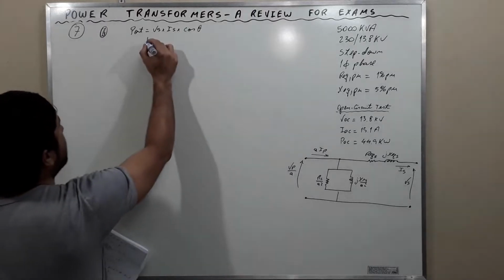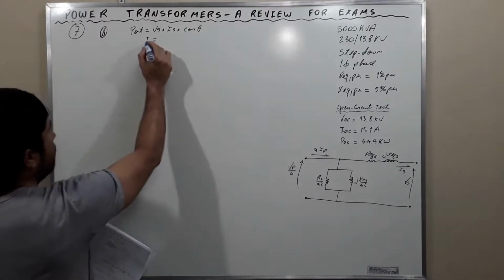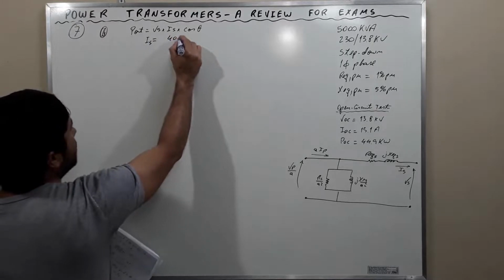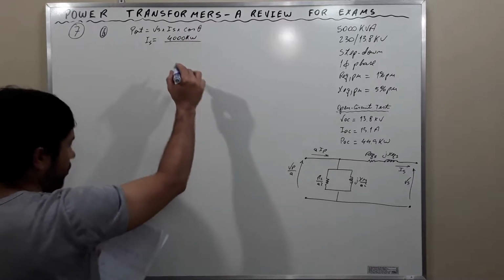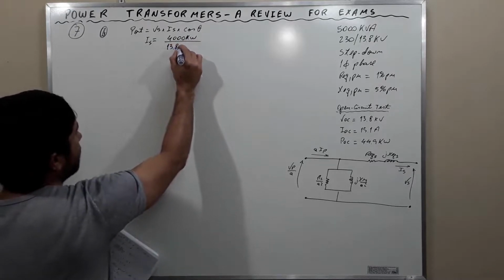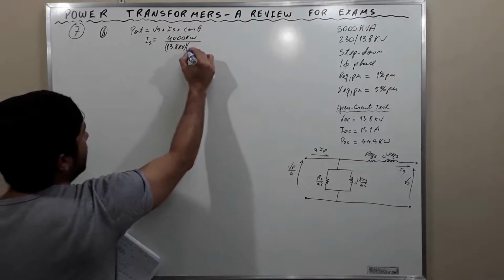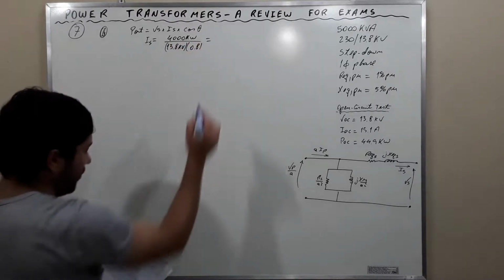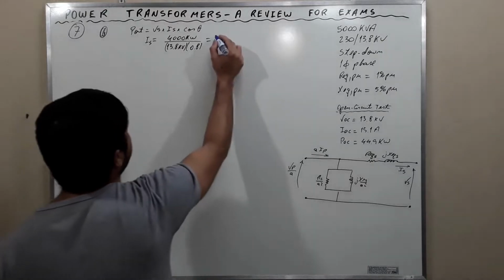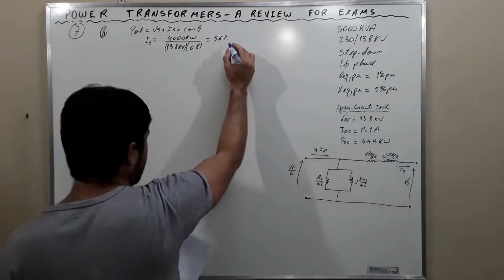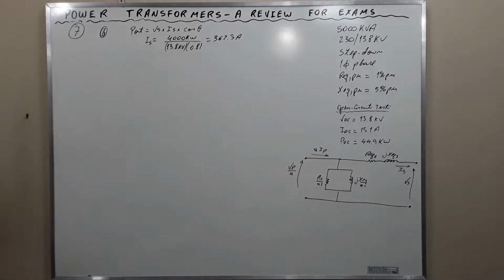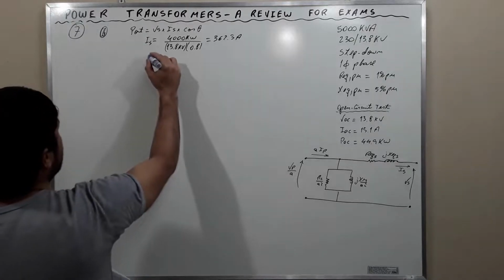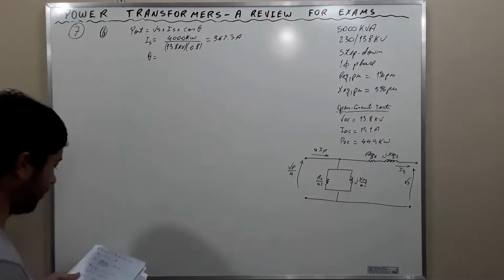Then to find the current, we simply use the values: 4000 kilowatts divided by the voltage 13.8 kV times the power factor, and this gives a value of 362.3 amperes. This is the magnitude only, and to find the angle we need to consider the power factor.